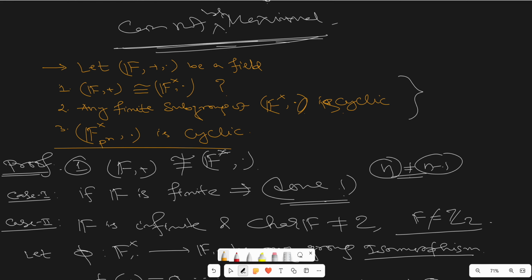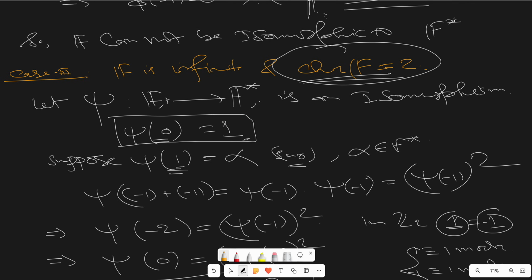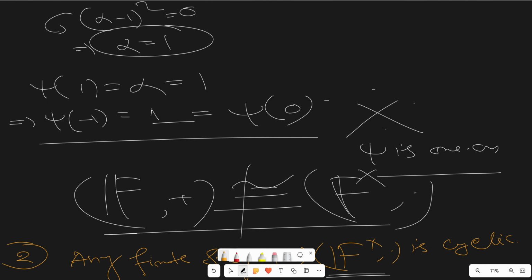F star is itself a finite subgroup of F star. So this is an application of the second result, easy to verify, which means obvious, trivial. So that finishes the theorem.